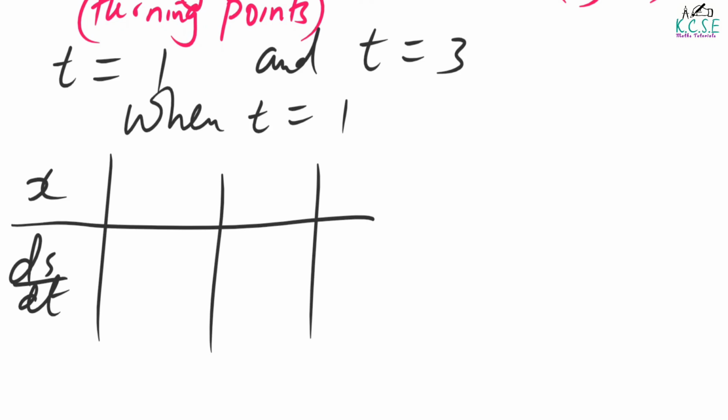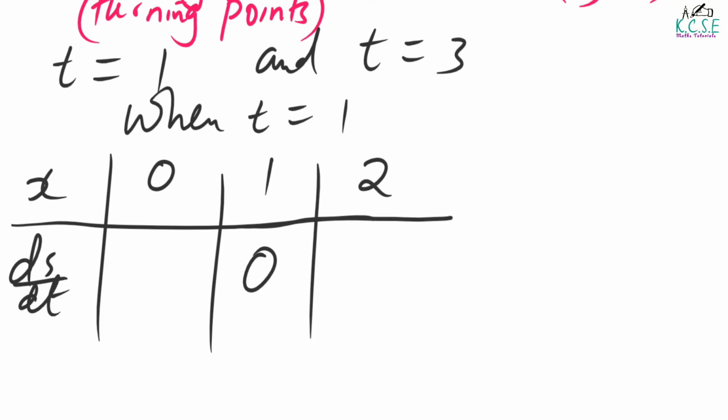When t is 1, of course, the differential function, the gradient, is supposed to be 0. We pick another point to the left of 1, which is 0, and another point to the right of 1, which is 2.